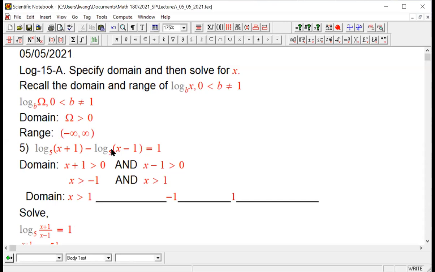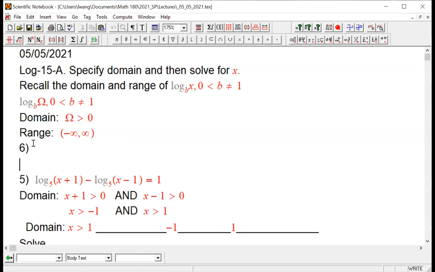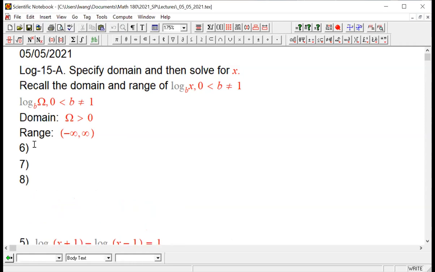Paper, pencil. Your turn. 6, we have ln of 3x minus 10 equals 2, if that is true.